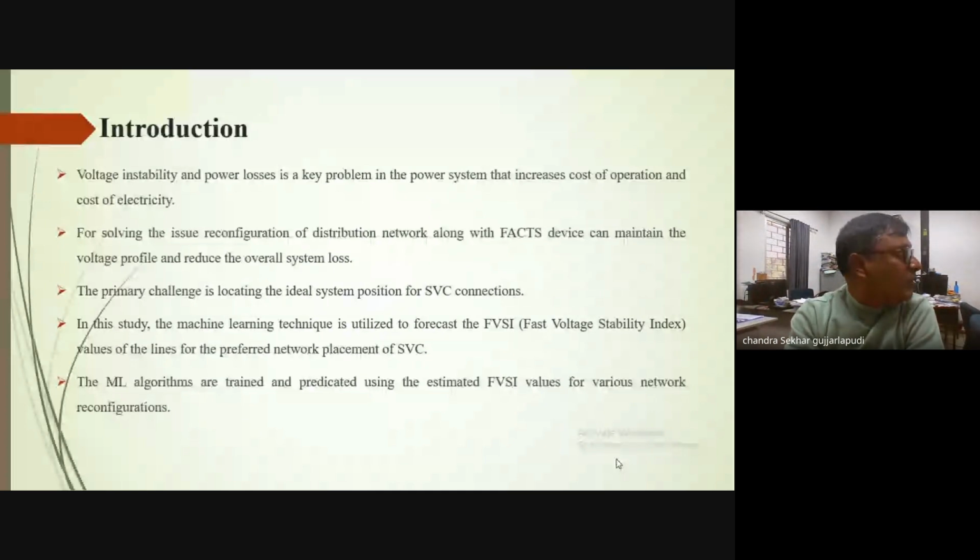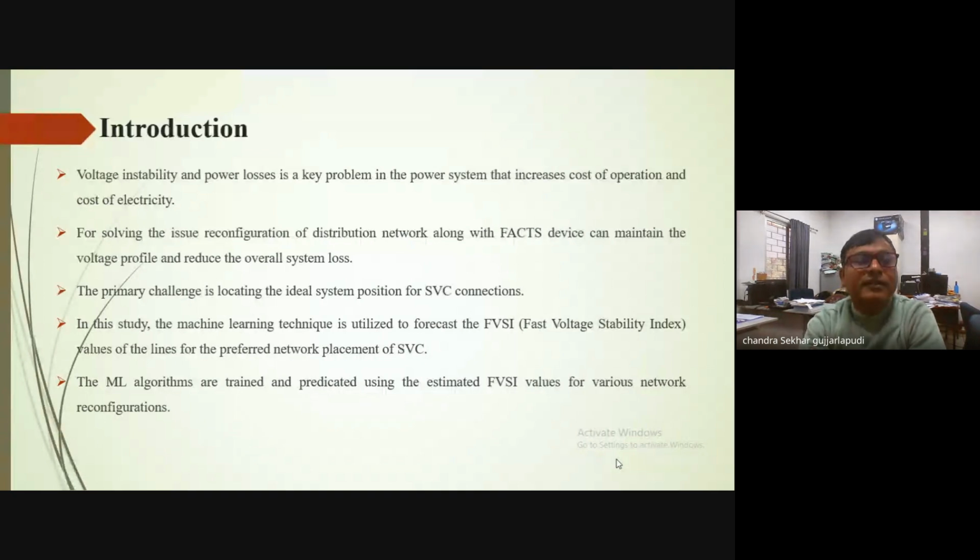If we introduce the SVC, a FACTS device, in a particular region of a power system network, definitely there will be an improvement of the voltage stability of the system as well as the voltage level. But the question will arise at what location we have to incorporate the SVC.